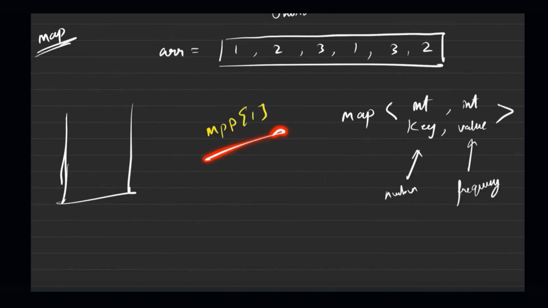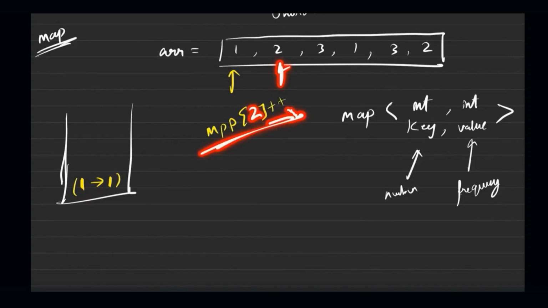Like for an array, the maximum size of array implementation is around 10 to the power 7, but if there is a question of 10 to the power 9 size array, then what can we do? At that time map is useful, so we can store it in key value pairs, and by this way we can easily do the things.